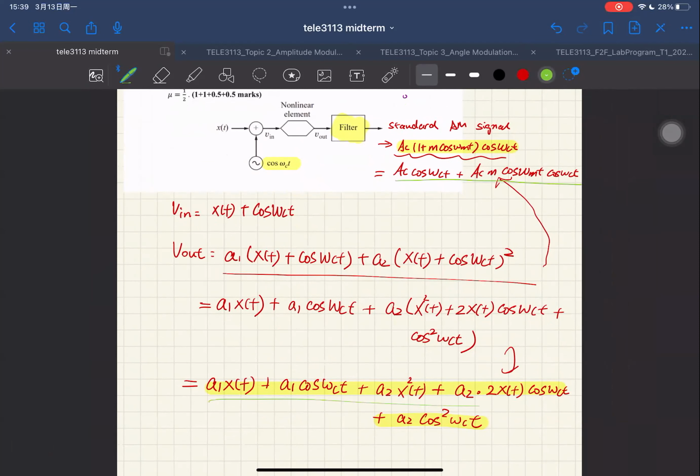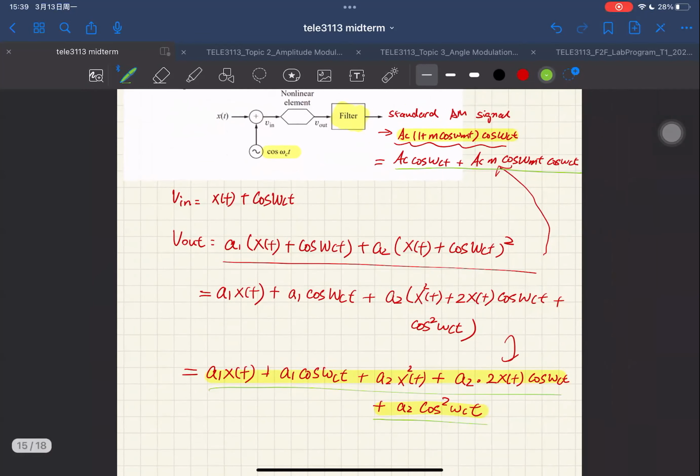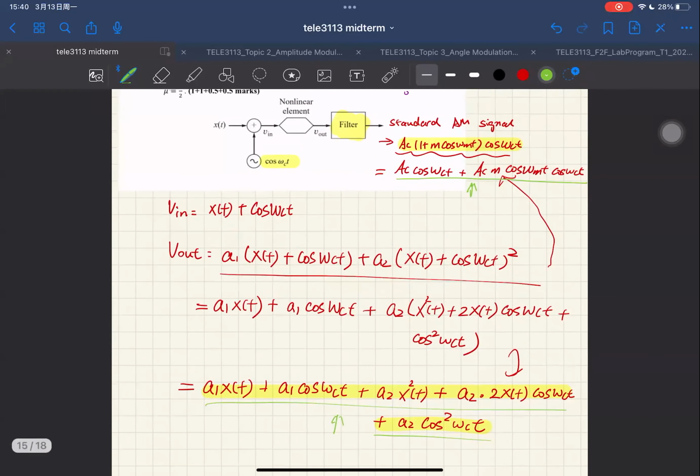These two should have exactly the same format. But apparently right now we see a lot of different terms. In this expression you only have two terms, but in the other you have 1, 2, 3, 4, 5 terms. That's the reason why we use a filter here: we're trying to use the filter to get rid of the extra terms.